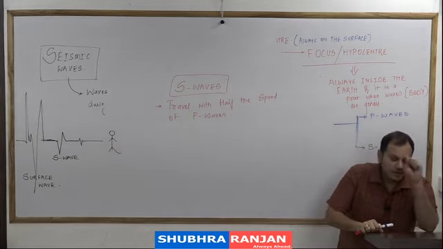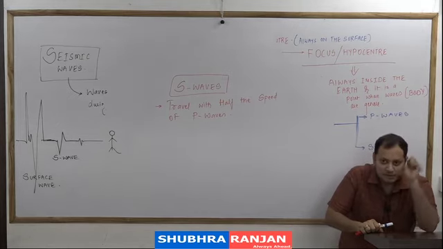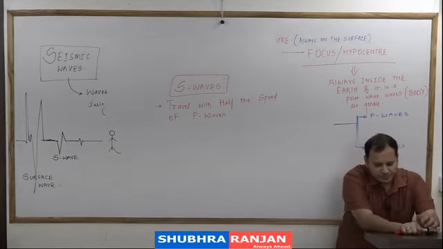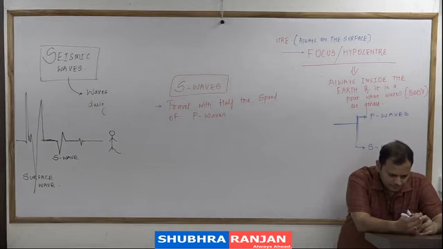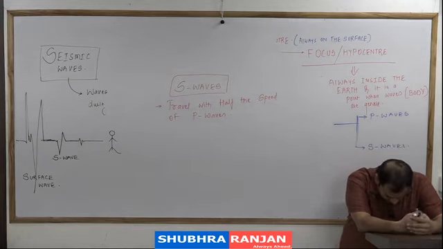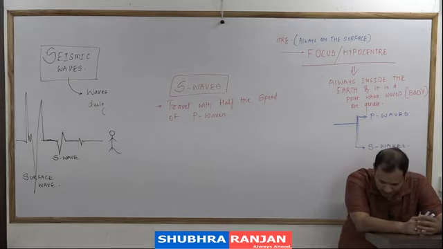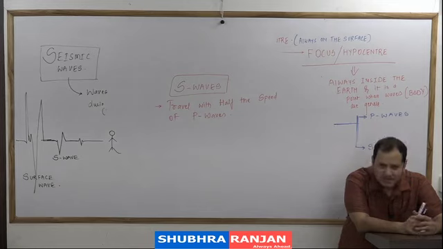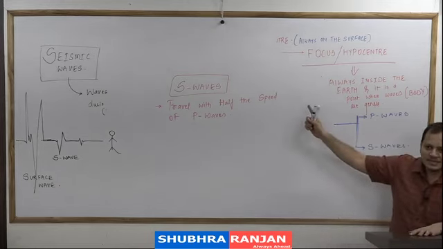And therefore they are the second waves to be recorded on a seismograph. That is why we call them secondary waves.